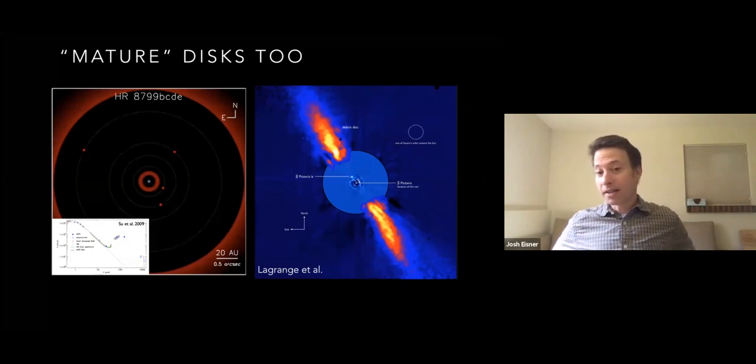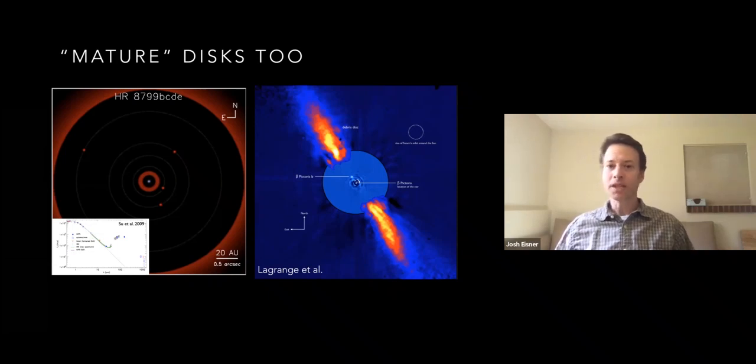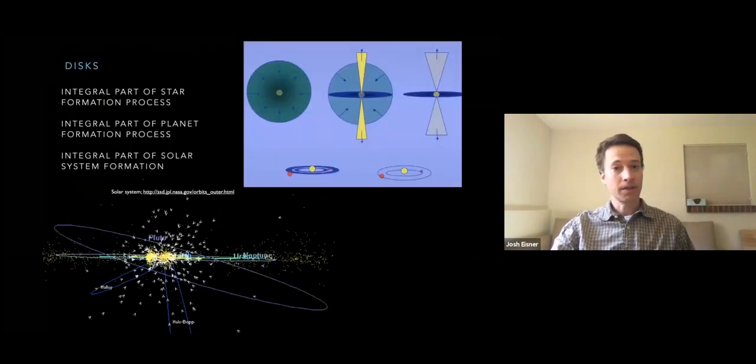On the right is a direct image of the debris disk around Beta Pic. That was the first disk ever imaged. It's a famous debris disk. So the planet was really the new discovery there as opposed to the disk, but it has both, right? There's a disk, there are planets. We shouldn't be surprised by this because disks and planets are linked. The planets probably form out of the disks, as do the stars.